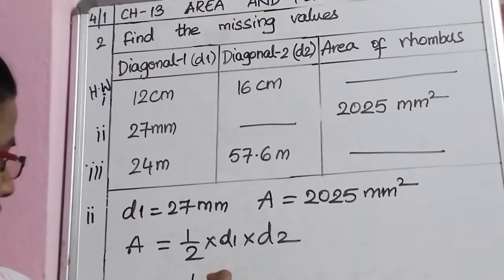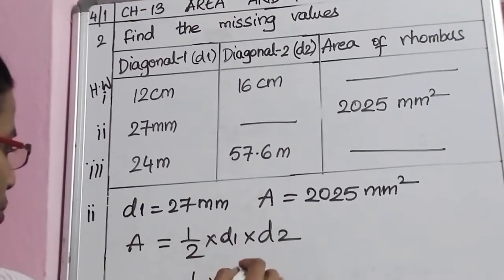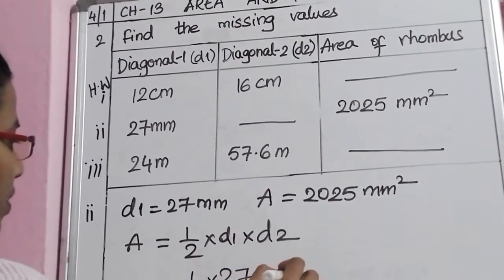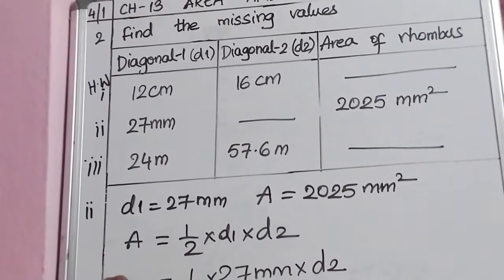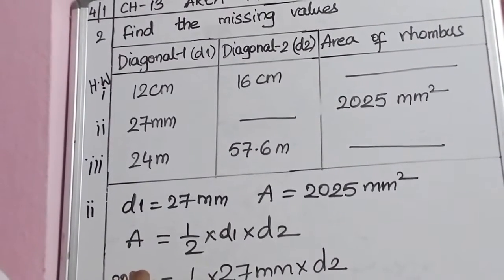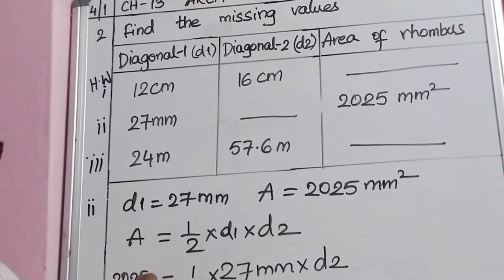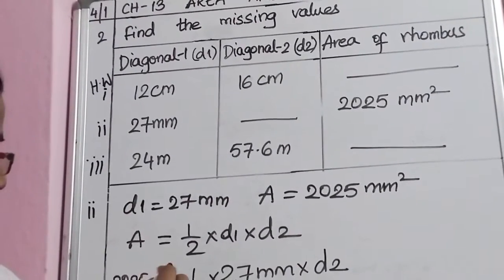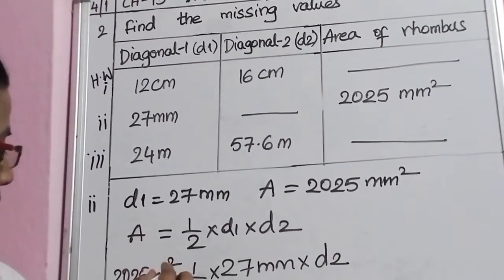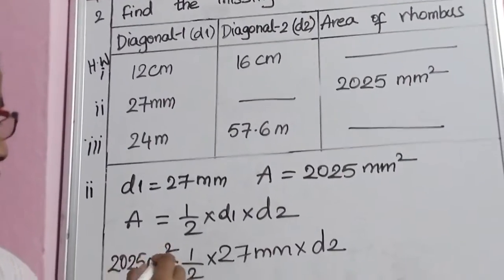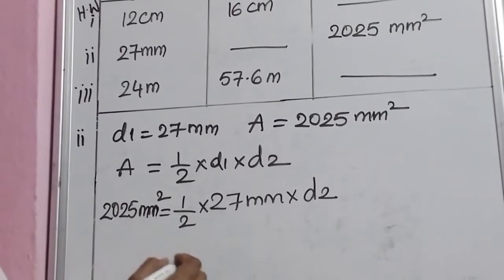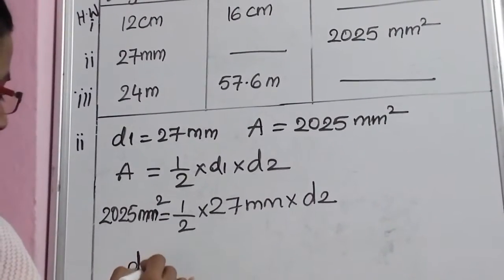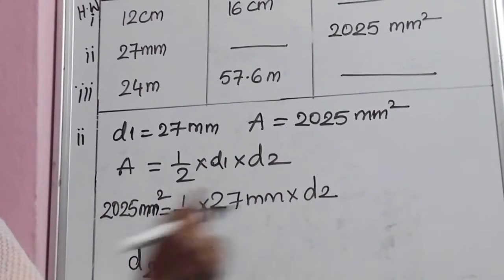Half into 27 mm into D2, you don't know, so write D2. A is given as 2025 square millimeters.